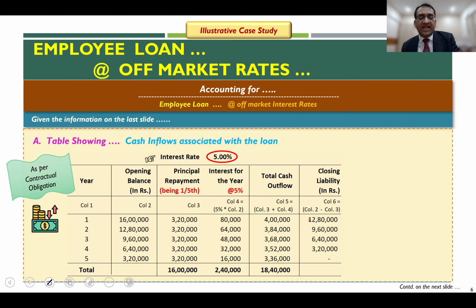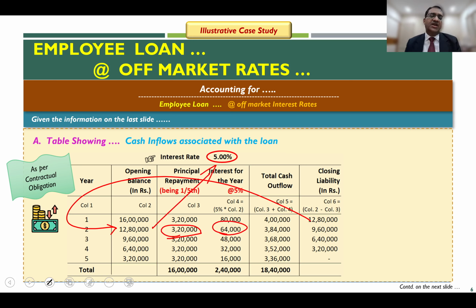And that 12,80,000 becomes your opening for the second year. Again, 320 being 1/5 of 16 lakh would be your principal repayment. And then 5% of 12,80,000 will be 64,000. That's your interest obligation as per the contractual terms.